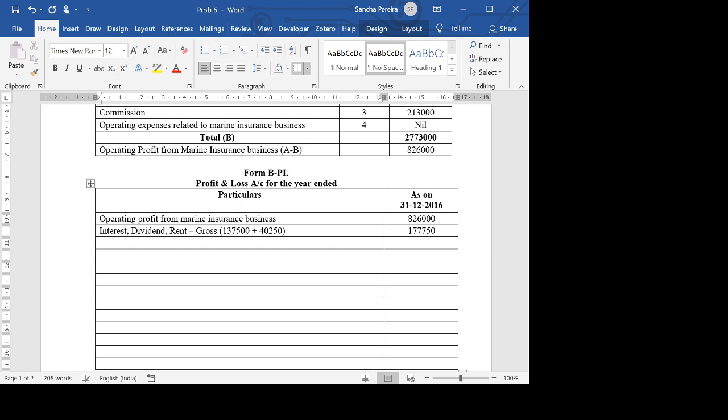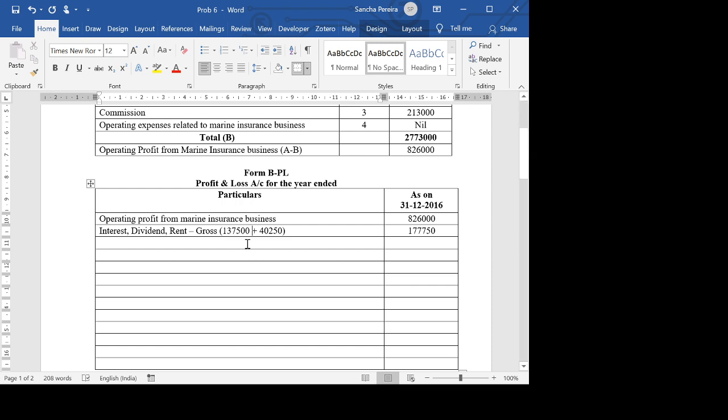So how did I get 1,37,500? The total interest that has been earned is this, but out of this, TDS is so much. So the actual interest received is 1,37,500. I told you, when it comes to payment of interest and dividend, normally they deduct the tax and then pay you the balance. And then that tax is credited to your benefit, which is used at the time of filing of returns.